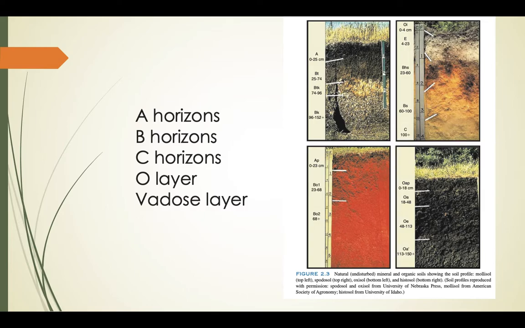So the inherent distribution and containment of nutrients in the different horizons, different layers of the soil, are all related to the ecosystem services that we get from them. What are ecosystem services?